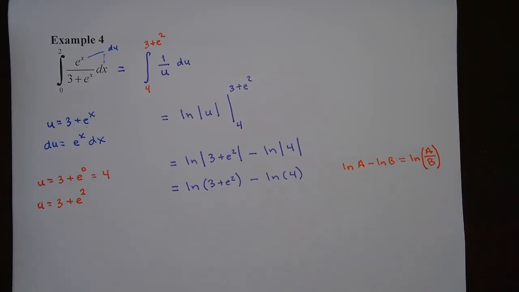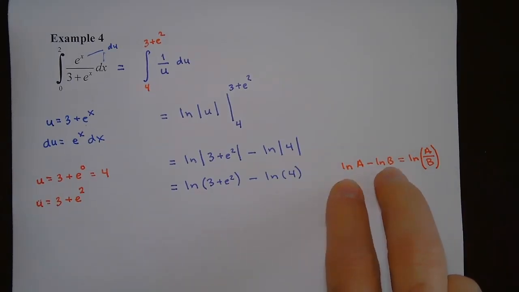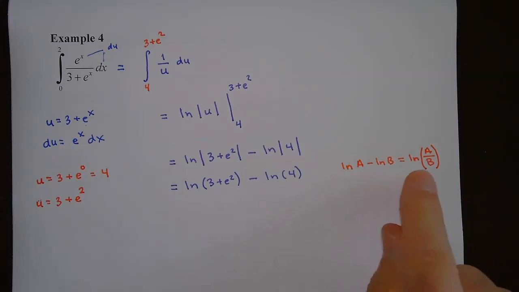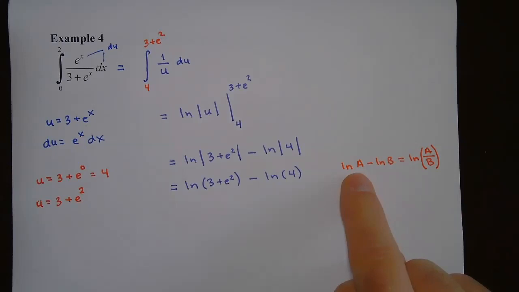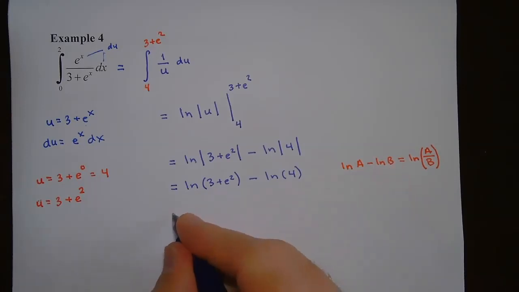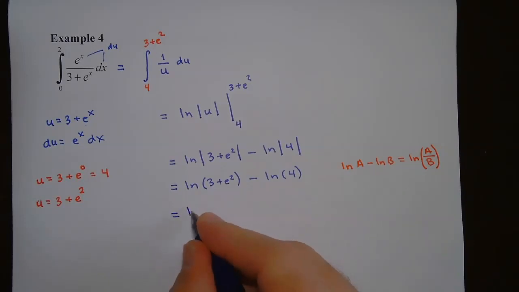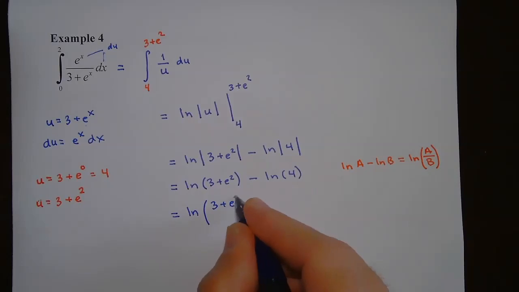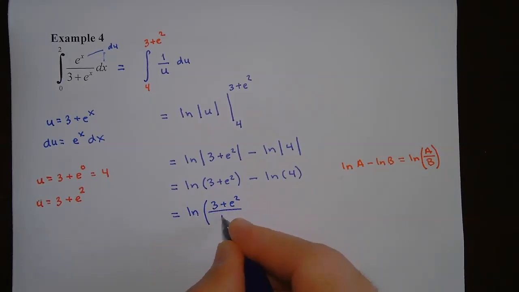Whenever you're subtracting two logarithms with the same base, and these are both natural logs, so they have the same base of e, you can write it as a single logarithm. The numerator would be the thing you're taking the logarithm of first, and the denominator would be the thing you're taking the logarithm of second. So back to this problem, this could be rewritten as the natural log of 3 plus e squared over 4.